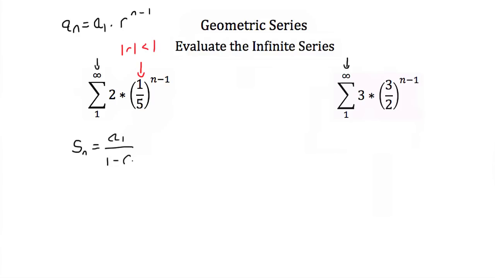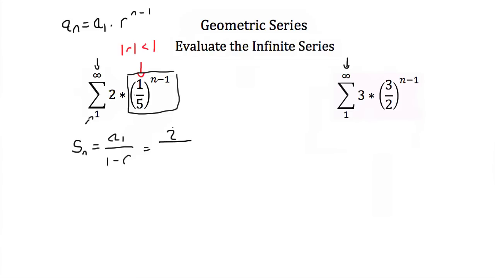Our first term, that's when n is equal to 1. If I plugged in 1 here, I'd have 1 minus 1 in the exponent. 1 minus 1 is 0. So I have 1/5 to the 0 power, and anything to the 0 power is just 1. So this whole term here is equal to 1. And 1 times 2 is 2. So my first term here is 2.